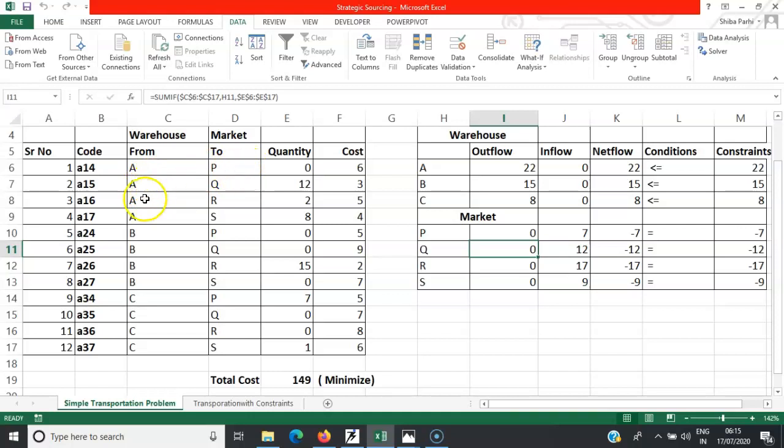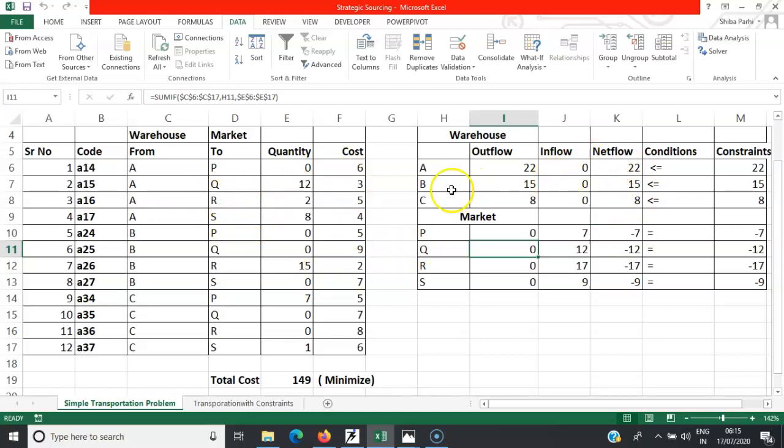So A to P, A to Q, A to S, how much we can supply. From factory B, we can supply to market R, and factory C can supply to markets P and S, and warehouse A can supply to Q, R, and S. So this is the way the whole demand is met.